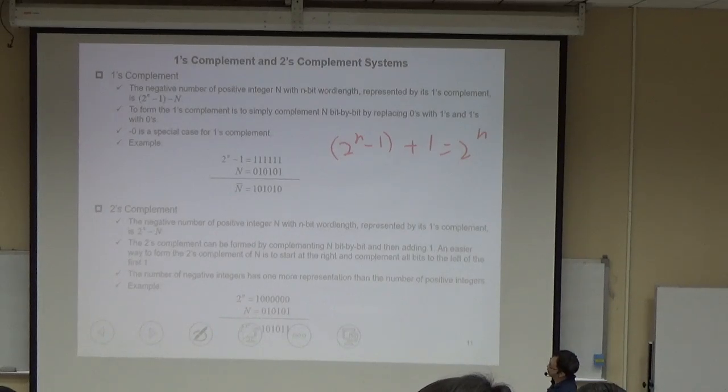Now this example, for the two's complement: just perform this subtraction, 2 to the power of n minus n, and we obtain this expression, and this expression will become the negative number for the two's complement.